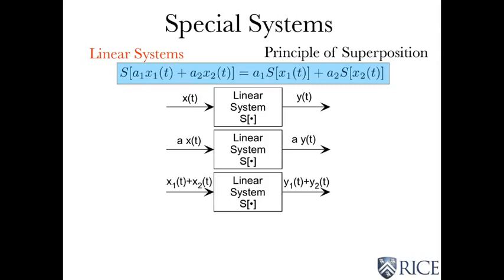Here are some special cases of the linear system. Let's assume that the linear system here, S, is linear. If you multiply the input by a number, you change its amplitude, well, the output is going to be the output you had before multiplied by the same gain factor.